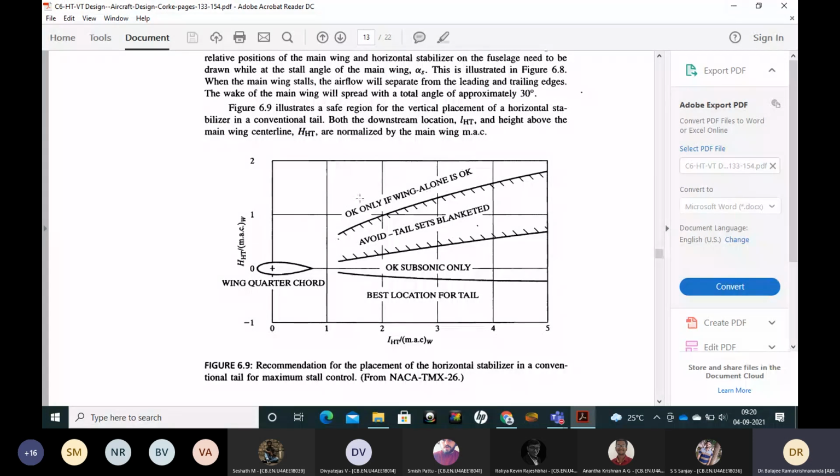You better avoid this one, subsonic only, avoid for supersonic flow also. So you look at where you are placing your tail, and based on the LHT and mean aerodynamic chord, and based on this graph, you determine the best vertical location of the horizontal tail. Now that location can also determine whether you have a T-tail or a conventional tail, etc.